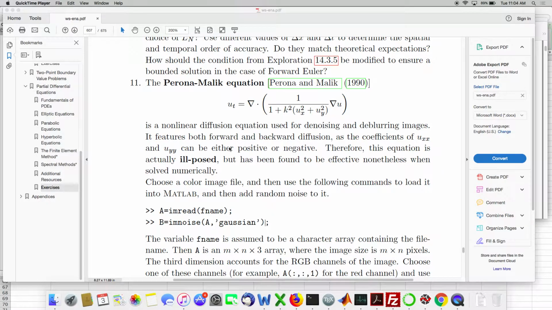So here is the PDE. And this is taken from, right now I'm looking at my numerical analysis textbook, the exercises in chapter 14. Now it says here on the screen exercise 11.